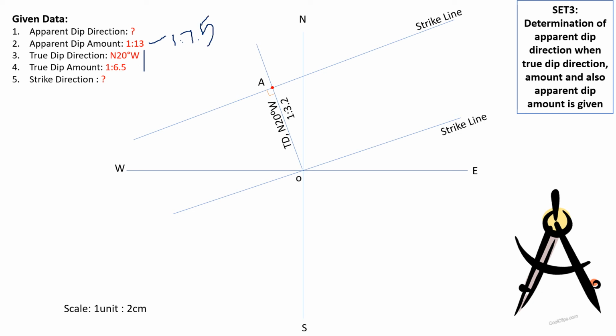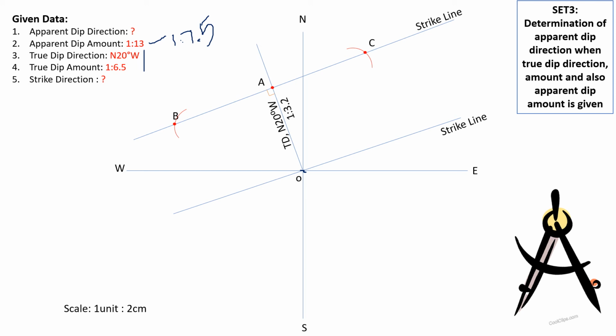We'll measure that 1:7.5 in the compass, and from the point O, we'll measure on the strike line. Wherever it cuts, we'll mark that point and name it point B. In the same way, on the other side of the true dip, we'll mark it in the same fashion. The reason is that we don't know in which direction the apparent dip is, so we are taking both sides.